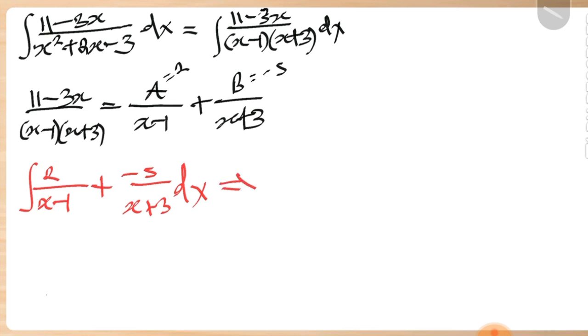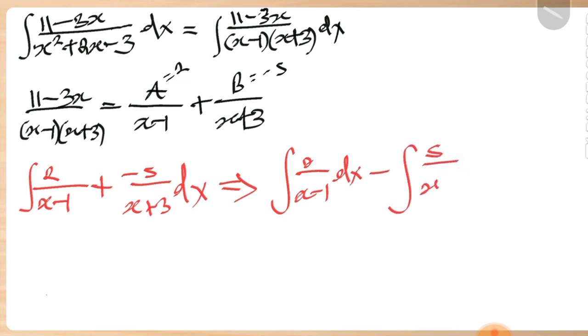The same thing as saying the integral of 2 over x minus 1, minus 5 over x plus 3, dx. Since these are constants, we can bring the constants out front.